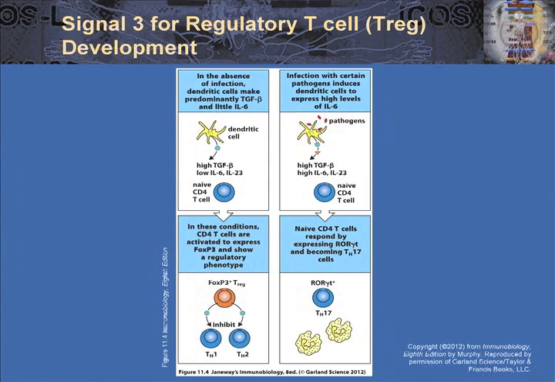And in a milieu where dendritic cells are making high levels of TGF-beta and low levels of interleukin 6, as well as interleukin 23, a naive T cell that receives signal 1 and signal 2, these conditions are permissive for the development of CD4 positive T cells that are activated to express FOXP3 and show a regulatory phenotype.